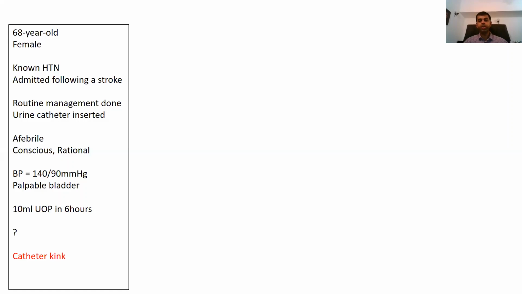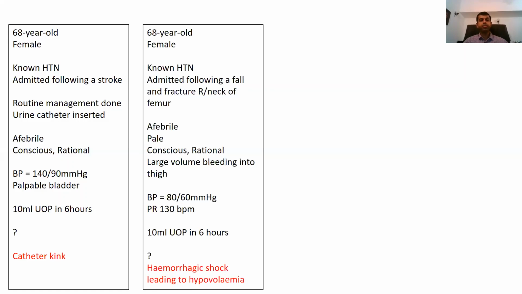If you take the second patient, this patient has hypertension, coming with a fracture neck of femur with hypotension and significant hemorrhage. Here you can see that this is hemorrhagic shock and the patient's got low blood pressure, and all the mechanisms that I discussed in the first few slides, the physiological mechanisms of your glomerular feedback mechanisms, sympathetic overactivity, ADH hypersecretion, all those activities are trying to preserve more and more water in the body to maintain the circulation.